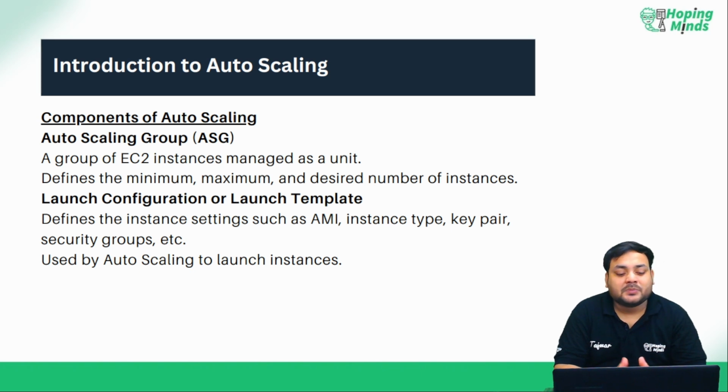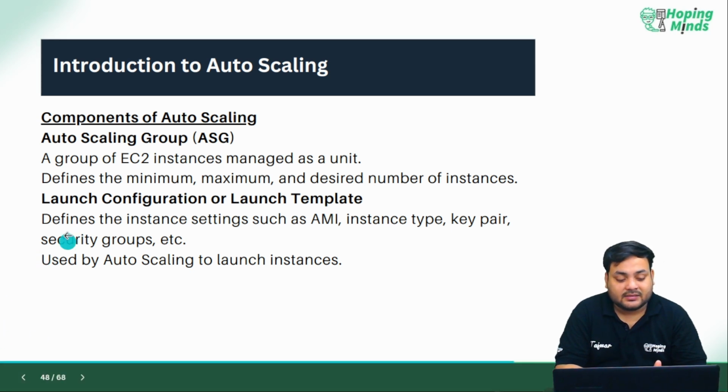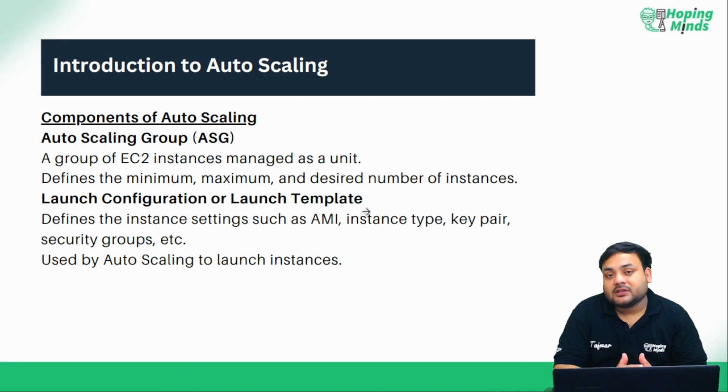The next thing we have is launch configuration or launch template. As per the configuration or requirement, we are going to launch the template, so that whenever it is needed, machines are going to be added or detached as per the requirement of the user or the project we are working on.